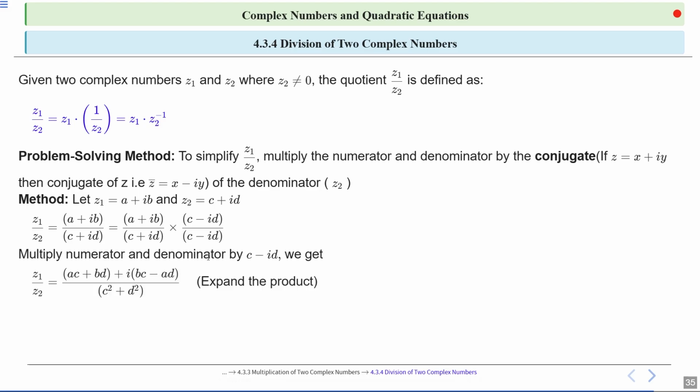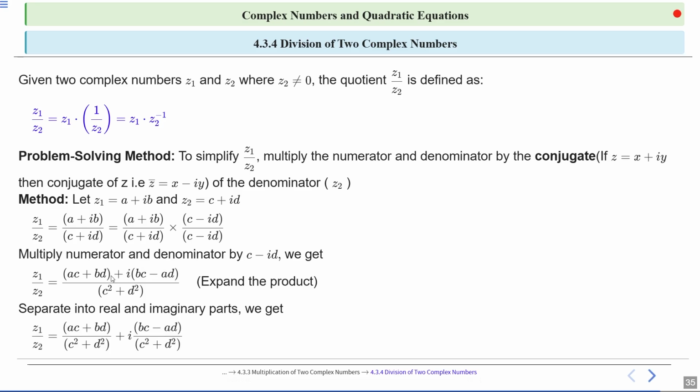So we get z1 divided by z2 equals (ac plus bd) plus iota times (bc minus ad), divided by c square plus d square. Now separate into real and imaginary parts. We get z1 divided by z2 equals (ac plus bd) divided by (c square plus d square) plus iota times (bc minus ad) divided by (c square plus d square).